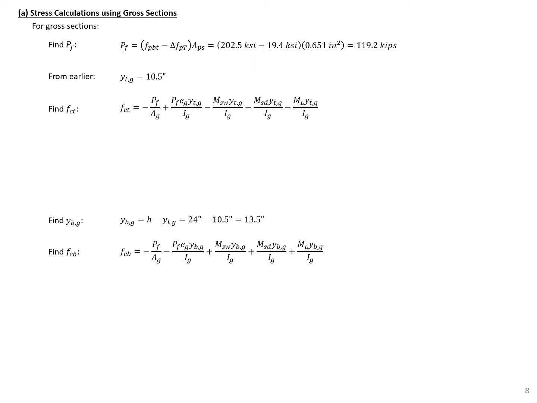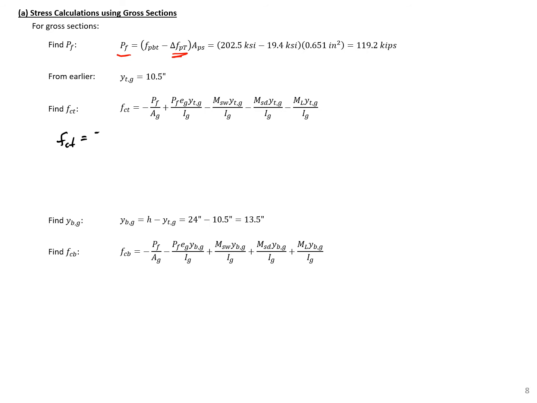We're now ready to calculate all of our stresses from all of our pre-stressing using our final pre-stressing force after all of our losses and all the applied moments. So we're first going to use our gross section to calculate our stresses. So our top fiber stress, remembering that our sign convention is that negative is compression.